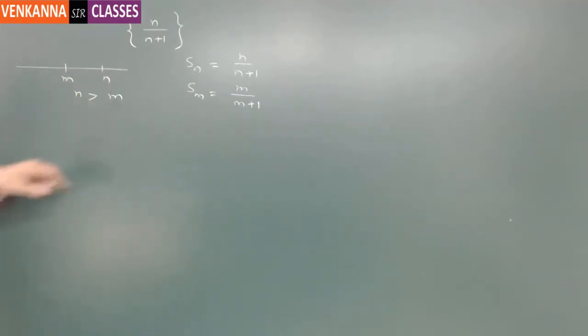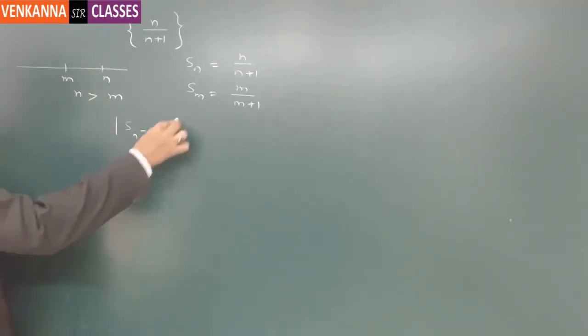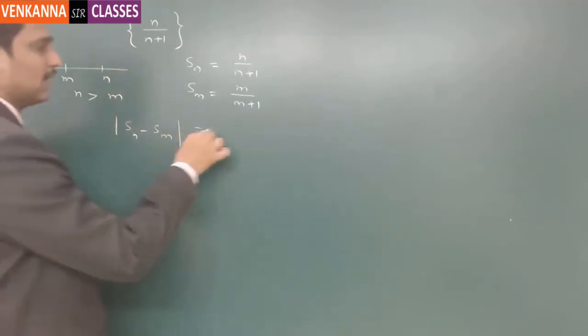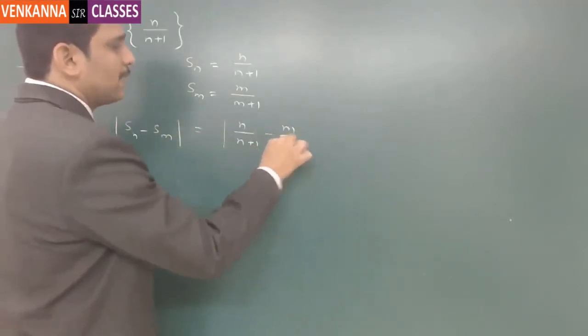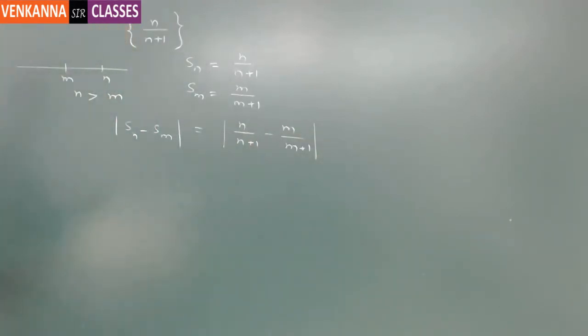Okay. Now you calculate mod S_n minus S_m. So this is equivalent to n by n plus 1 minus m by m plus 1. Please understand that I am specifying the term number for a given epsilon. You need to understand it like that.